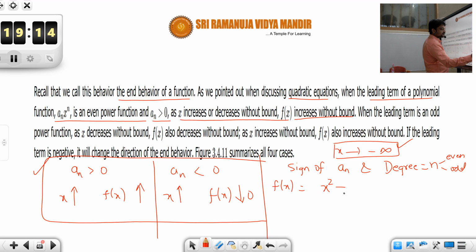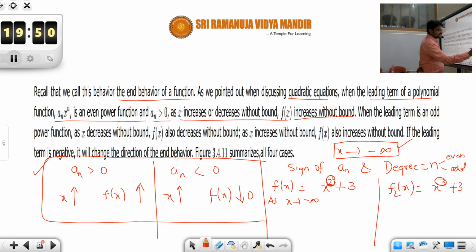See, as x tends to minus infinity, whenever the degree is even, the power raised, the even power, is always going to be positive. Either x tends to minus infinity or x tends to plus infinity, it behaves the same way, because when you take minus infinity to the power 2 or 4, anything, a negative raised to an even number of times gives you a positive quantity only.